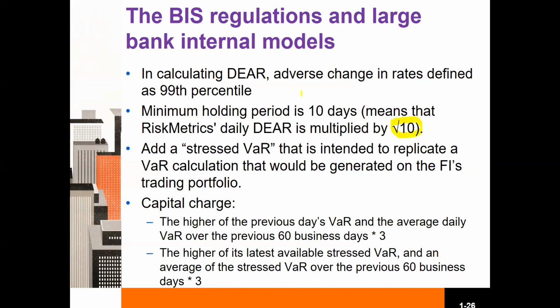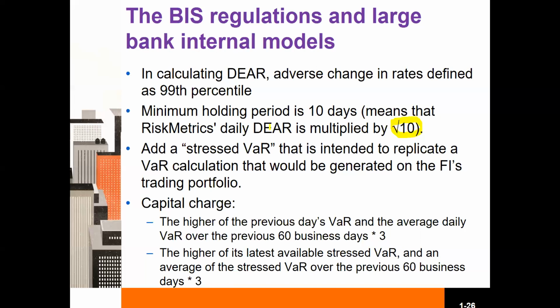In the previous video, we discussed how DER is calculated. Now, financial institutions also add a stressed VAR, which is intended to replicate a VAR calculation that would be generated on the institution's trading portfolio if the relevant market factors were experiencing a period of stress. In normal conditions, calculating only VAR is fine. However, if an institution is going through a stress period, then a stressed VAR needs to be added.